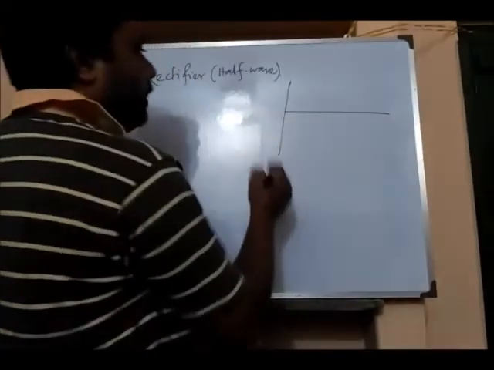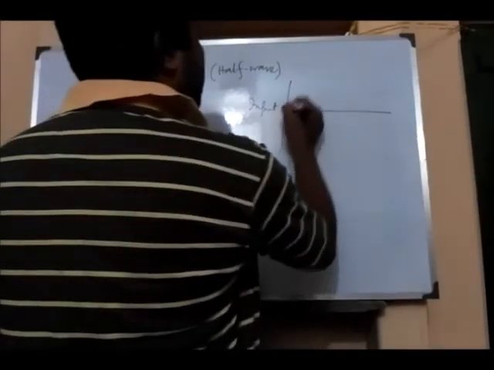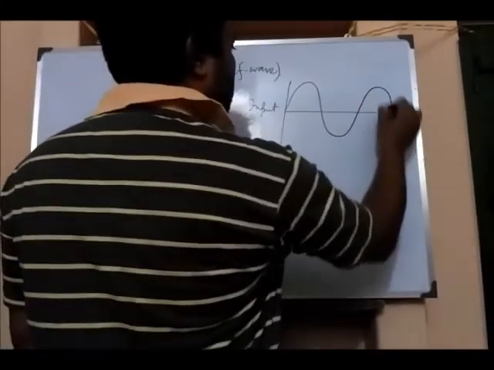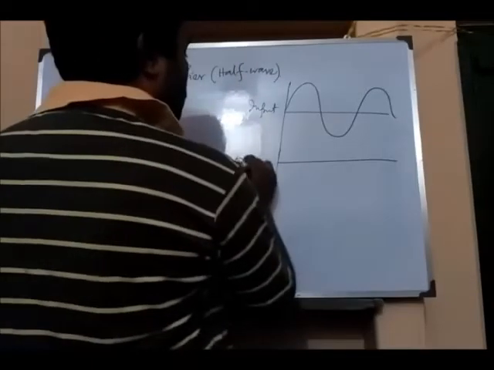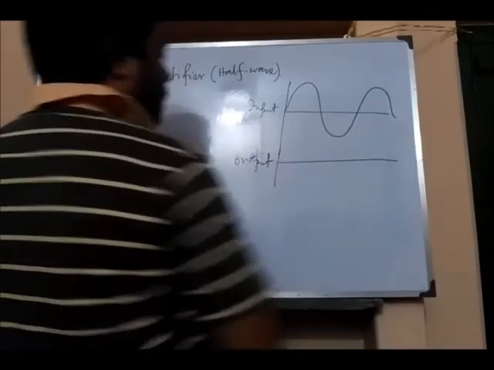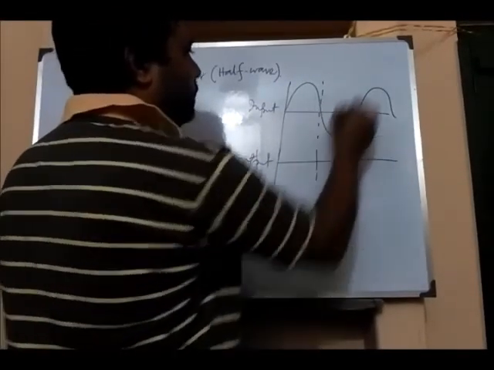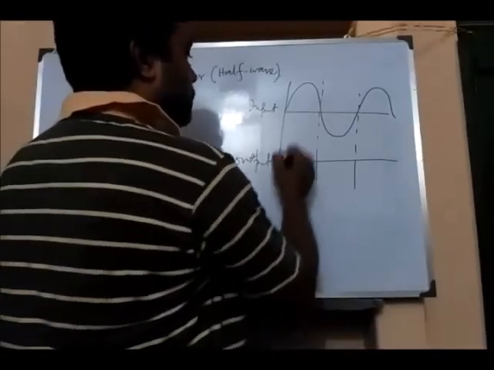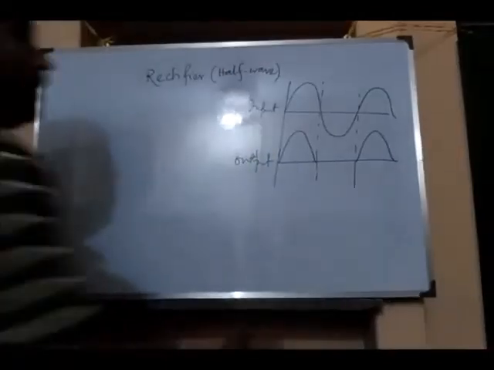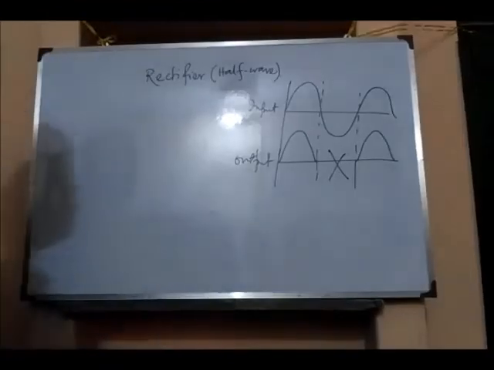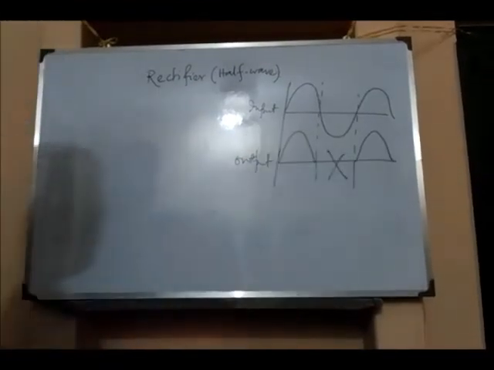If you give the input in a sine form, as this is a half-wave rectifier, the output will be just the positive part of this function. Okay, so you will get only the positive portion. You never get this negative portion at all. So this is the form of a half-wave rectifier.